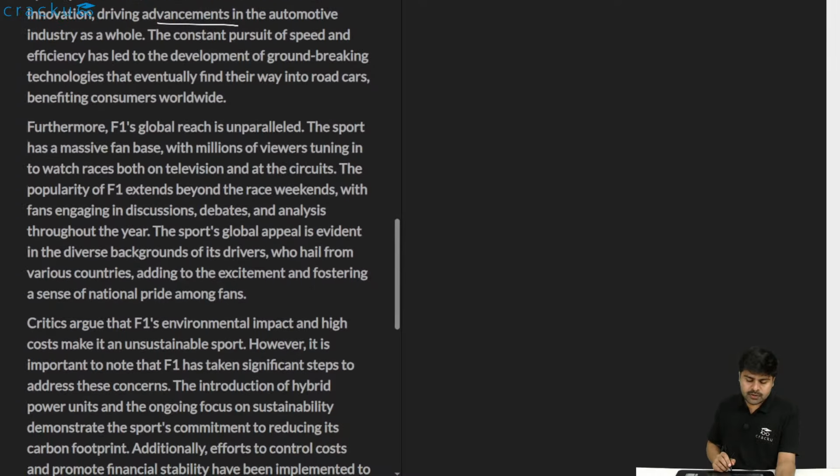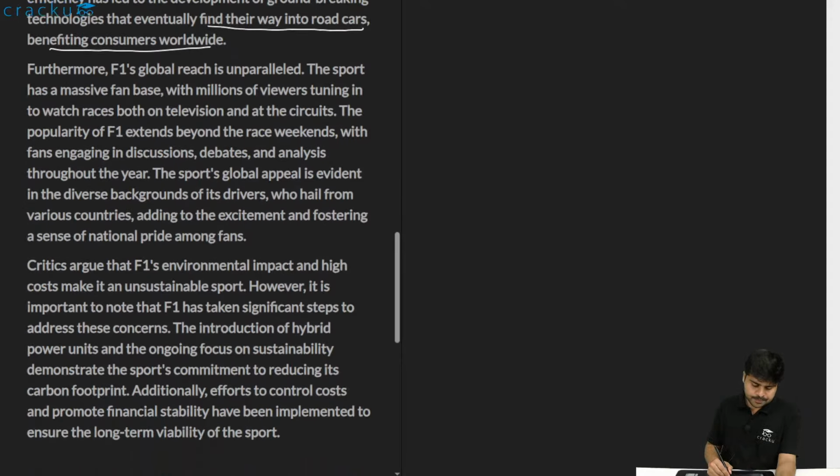The constant pursuit of speed and efficiency has led to groundbreaking technologies that eventually find their way into road cars, benefiting consumers worldwide.